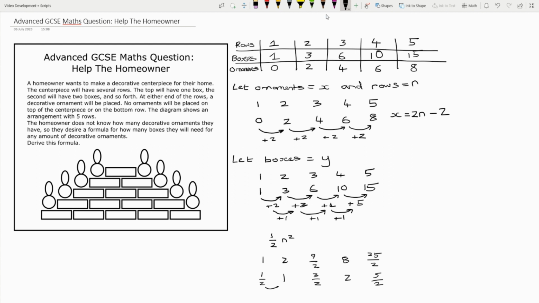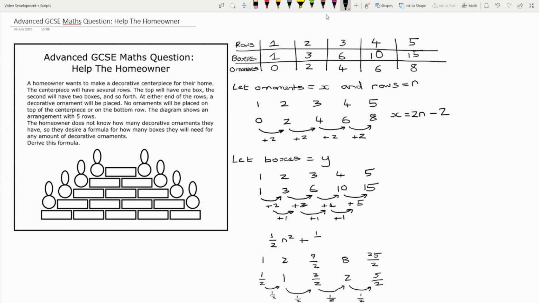And now we have a linear sequence, so each of the terms increases by half. So that means the nth term of this linear sequence is half n. So that means we need to add that to our quadratic term.